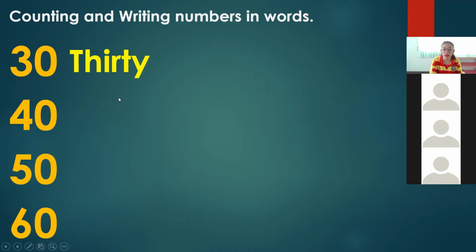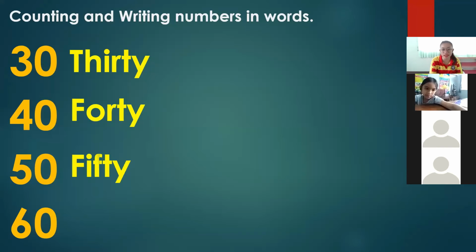THIRTY. Very good. THIRTY. Next, how do we spell 40? We spell 40 as FORTY. 50, FIFTY. Very good. That's how we spell 50.